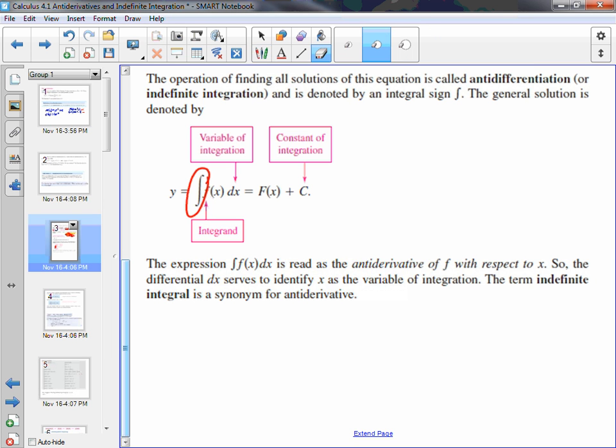Now, we've got, so y equals, so our function equals the integral of f of x dx. The way this notation works, capital F is the antiderivative of little f, isn't it? Plus c.